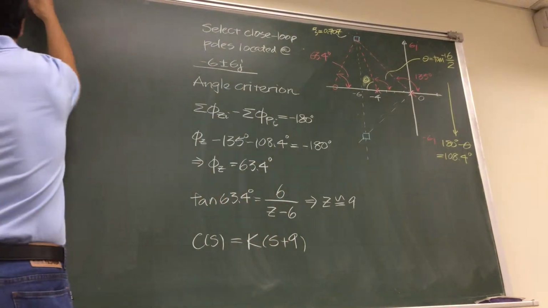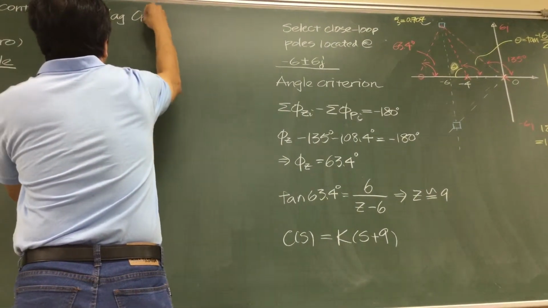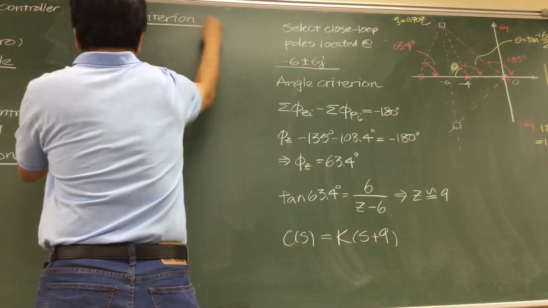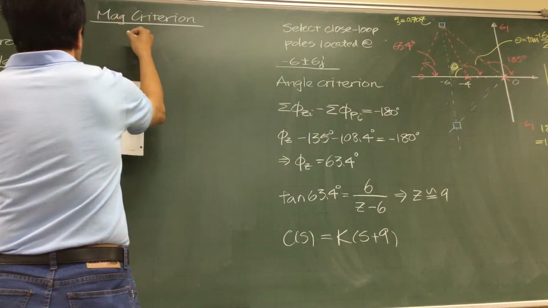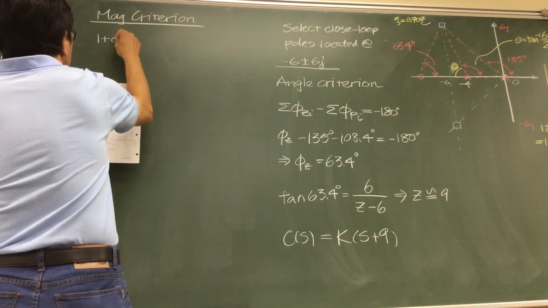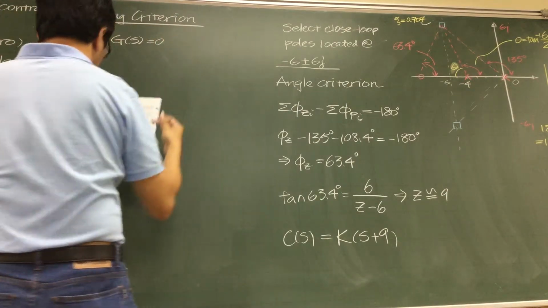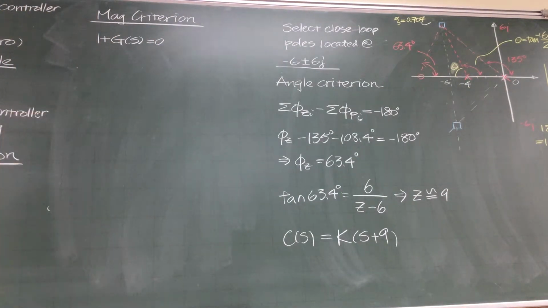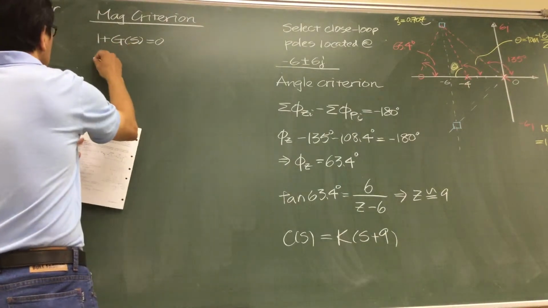So what does this mean? It means that my characteristic equation configuration.